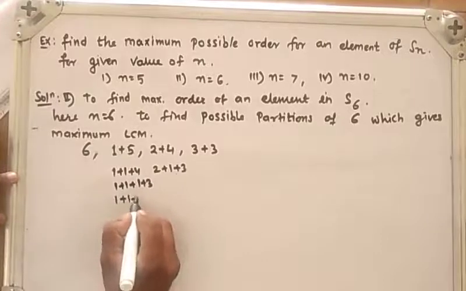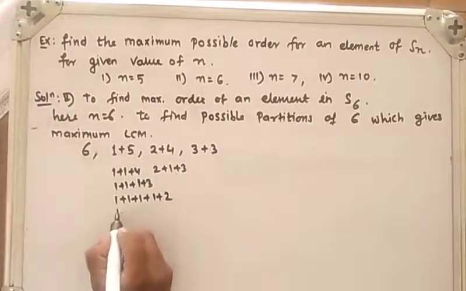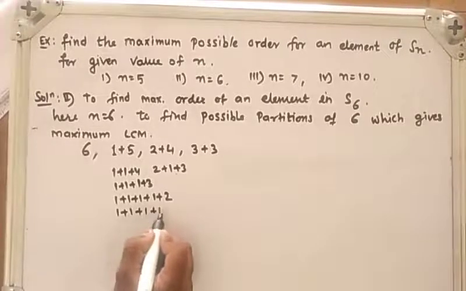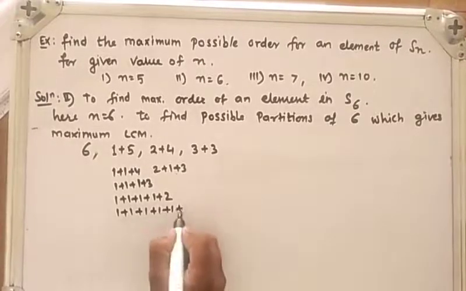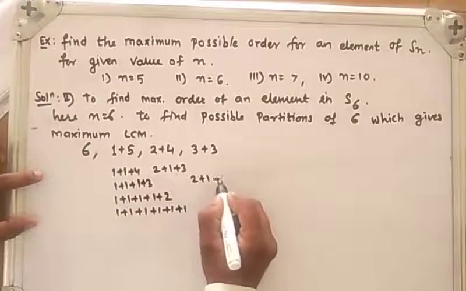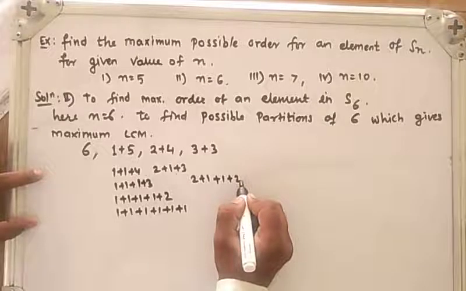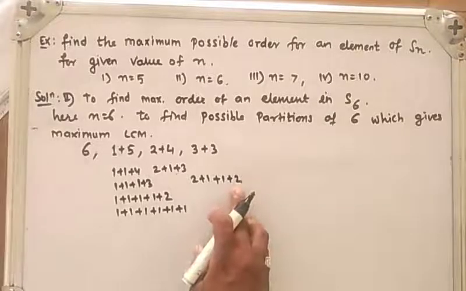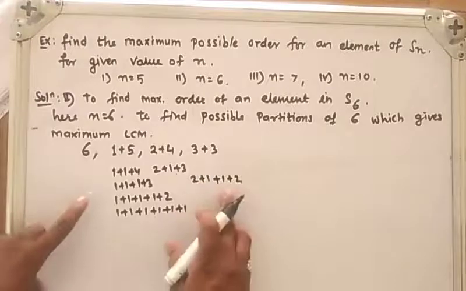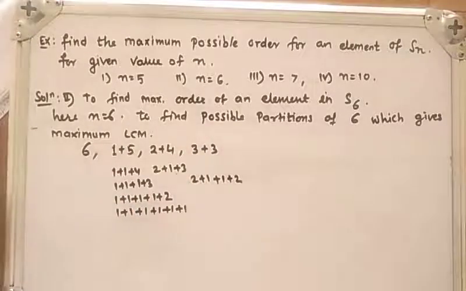Next 1 plus 1 plus 1 plus 1 plus 2. Right, last 1 plus 1 plus 1 plus 1 plus 1 plus 1. Next this can be written as 2 plus 1 plus 1 plus 2, which is again another partition. So these are all the partitions.